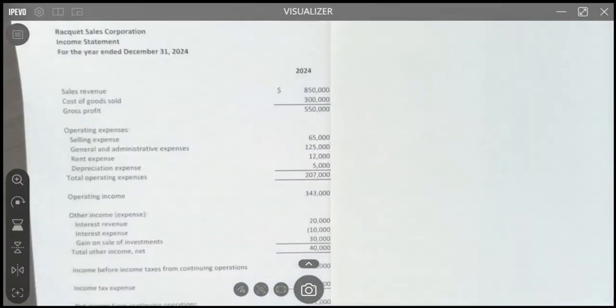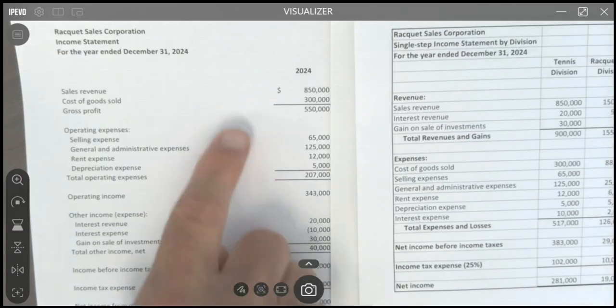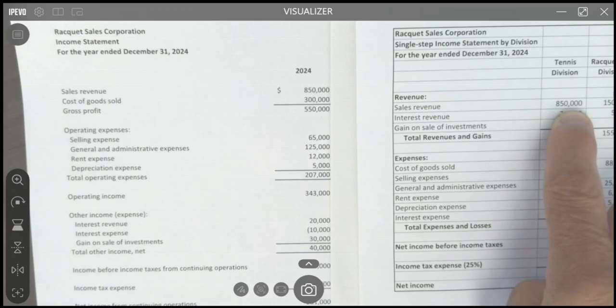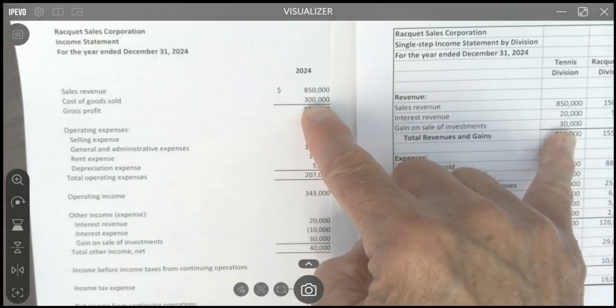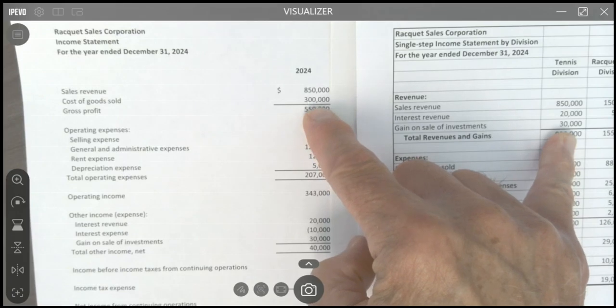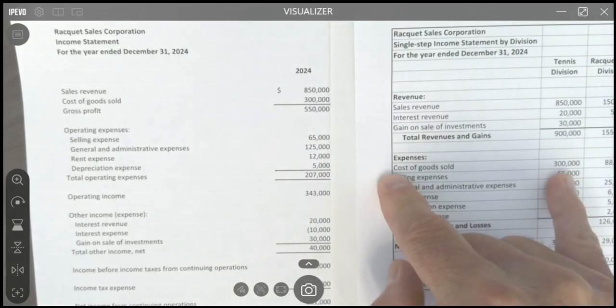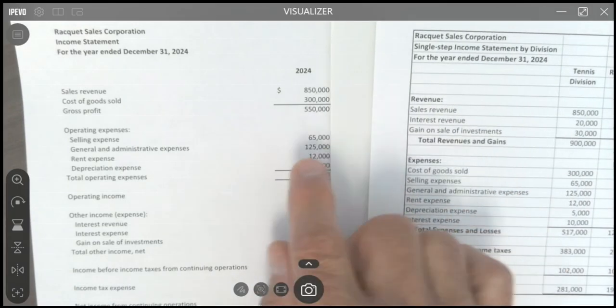So that's where I got all those numbers. You can see them there. There's the $850,000 sales revenue associated with the tennis division, the cost of goods sold associated with the tennis division. That comes to a gross profit of $550,000.